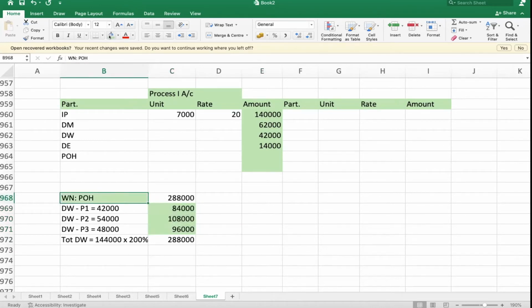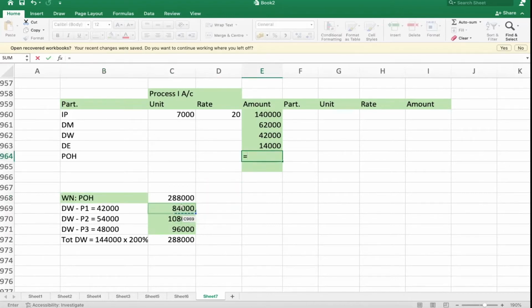Any doubt with respect to the working note for the production overhead? No, sir. So production overhead for process 1 is 84,000, based on working note 1.